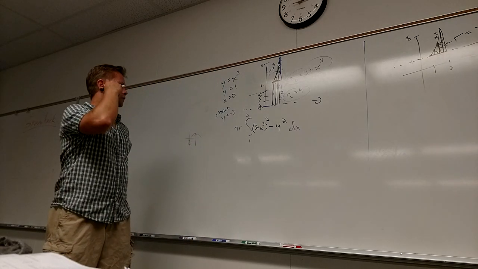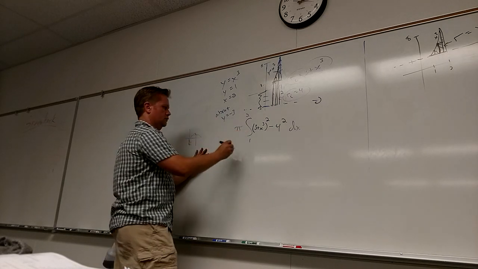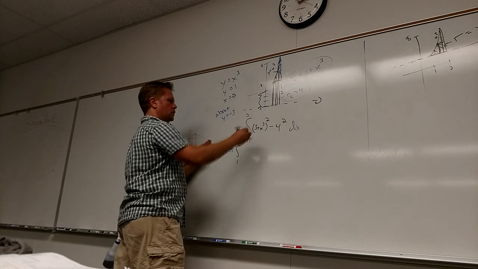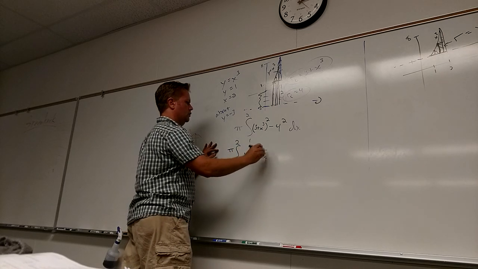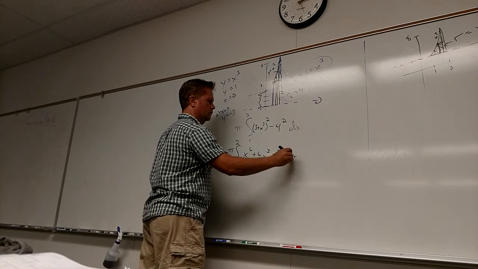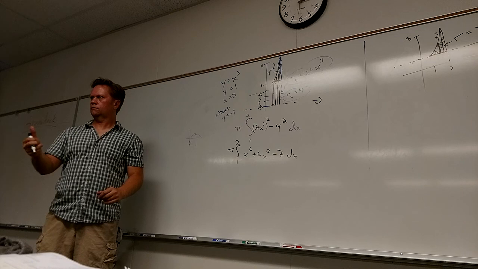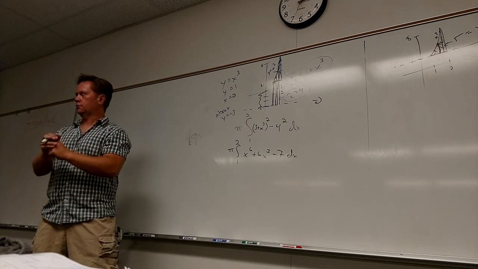All right, and now it's the easy part. You just got to multiply this out. You get x to the 6 plus 6x cubed plus 9 minus 16, so minus 7. And that's the easy part.